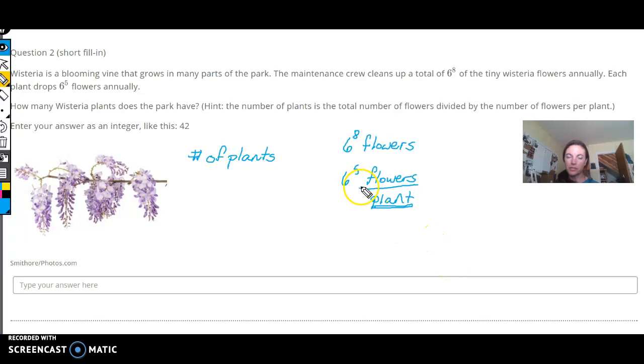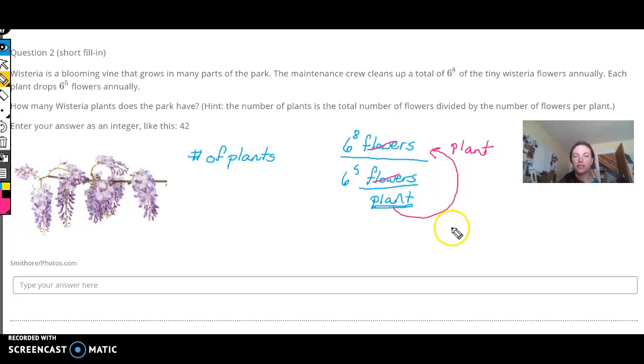If I were to divide 6 to the 8th flowers by 6 to the 5th flowers per plant, my flowers would cancel out and my plant, which is in the denominator here, would flip around to the numerator and I'd be left with plants.